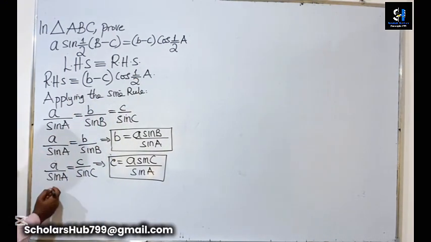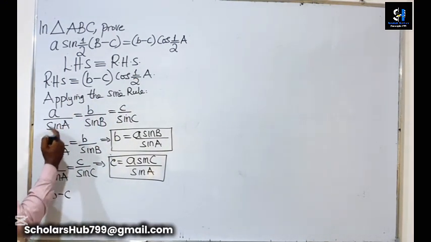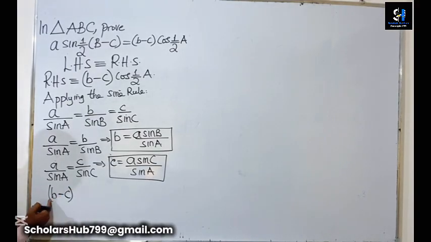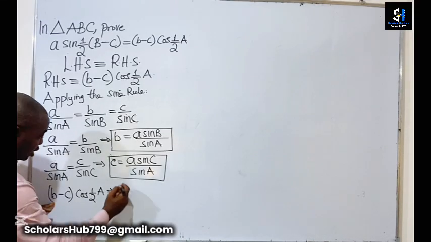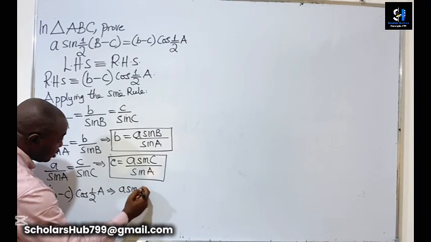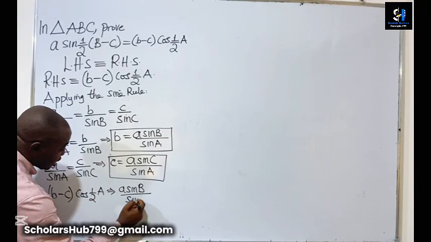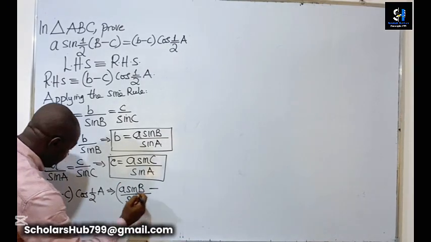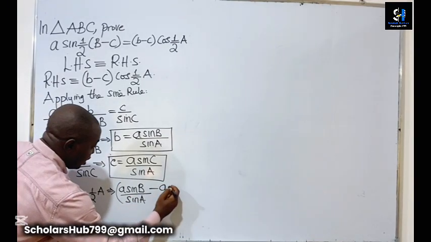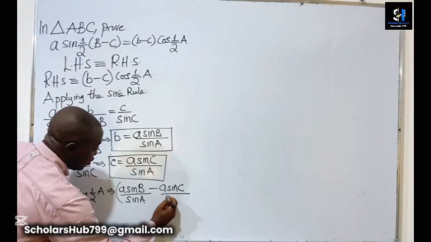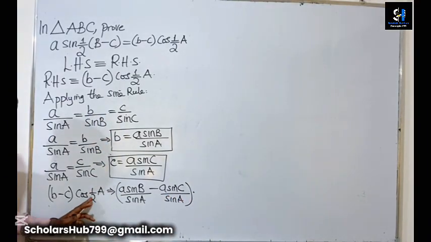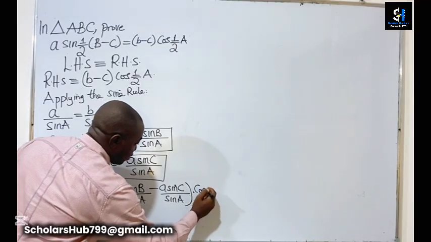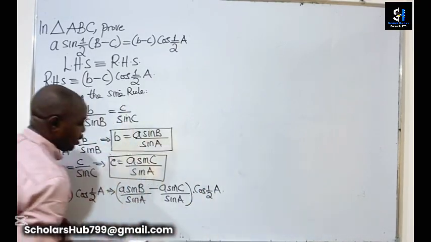All right, so from what we have as the right hand side, we have (b − c) cos(A/2). So for b we have a sin B over sin A, minus, for c we have a sin C over sin A, then multiplied by cos(A/2).